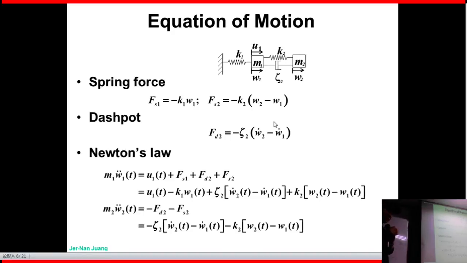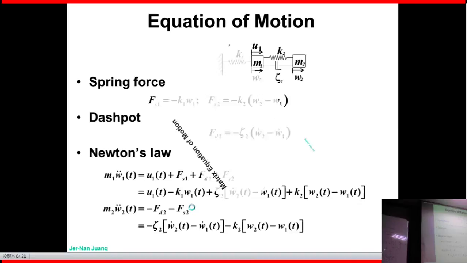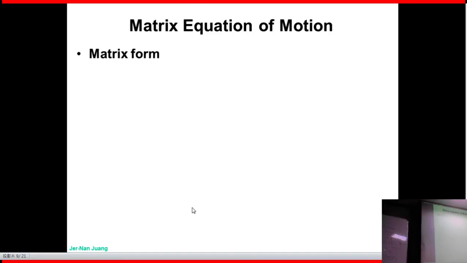I didn't prove to you how they do it, but maybe later on I will prove to you why, and talk more about why we need the spring force and the dashpot. And that's Newton's law, and I think we can just keep going like that.